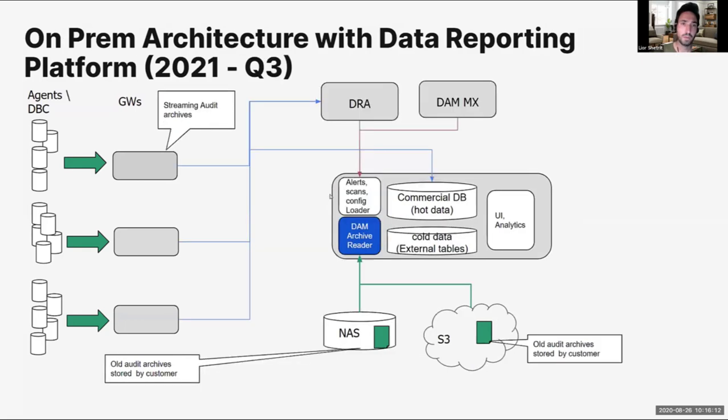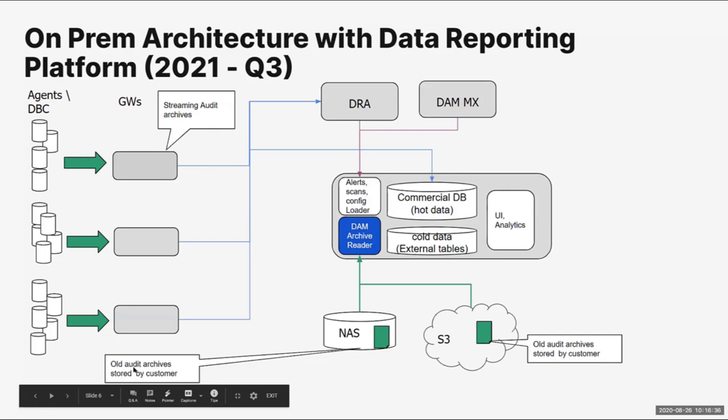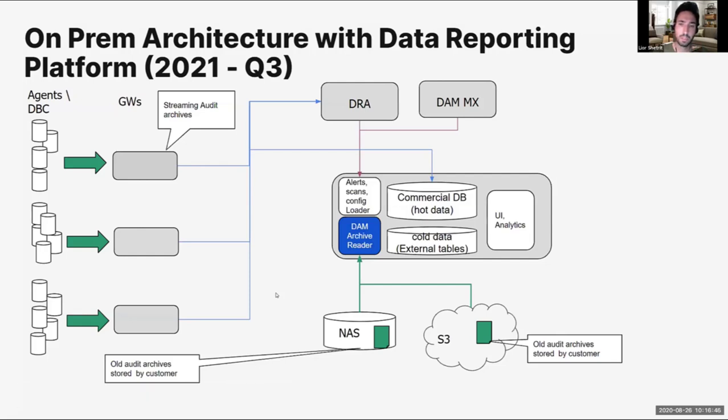Going further into the future, we aim for the gateways not to produce MPRVs at all. They'll stream the data to that commercial database, so both will get the data in streaming and not in batches. The DAM archive reader will still be in use, but mostly for the older legacy audit archives.